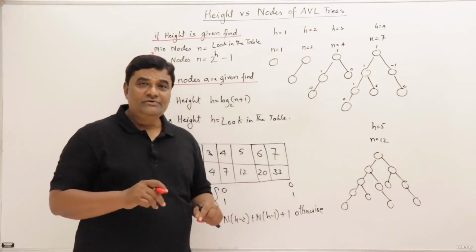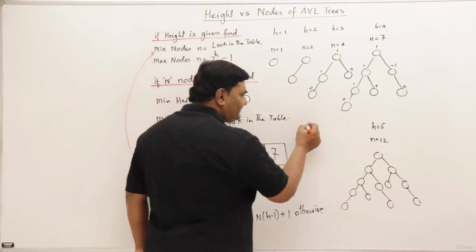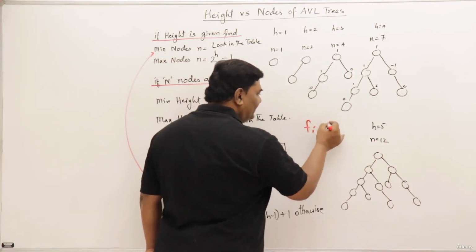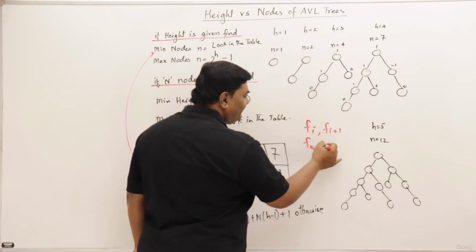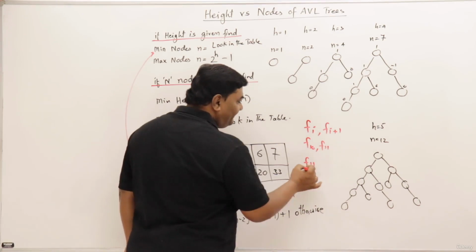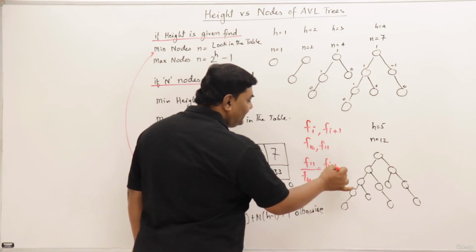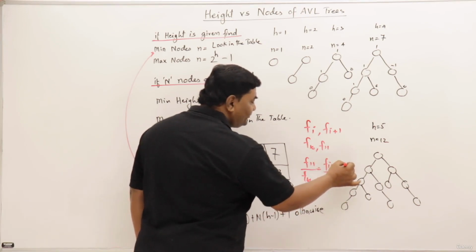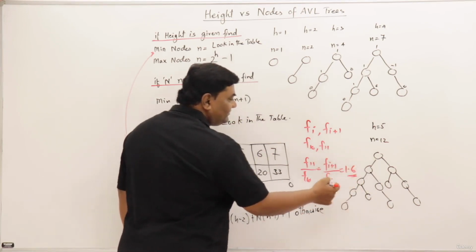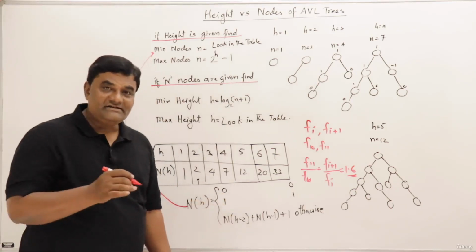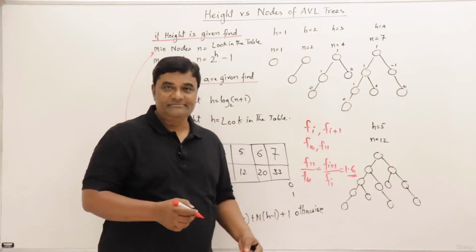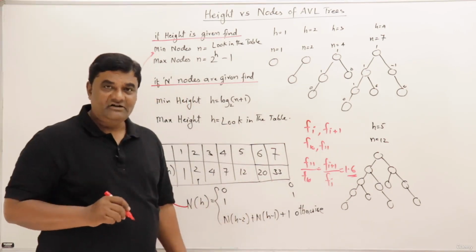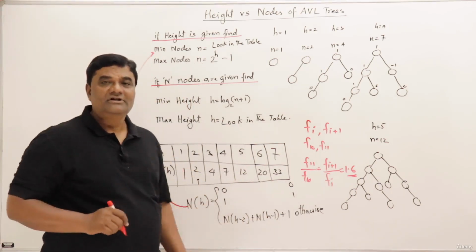You take any two terms of the Fibonacci series like f_i and f_(i+1), any two terms. For example, f10 and f11. Then if you do f11 by f10, or f_(i+1) by f_i, the ratio will be 1.6 approximately, not exactly. It may be 1.59, it may be 1.57 also. You should accept it as 1.6, or it may be 1.6162 also.